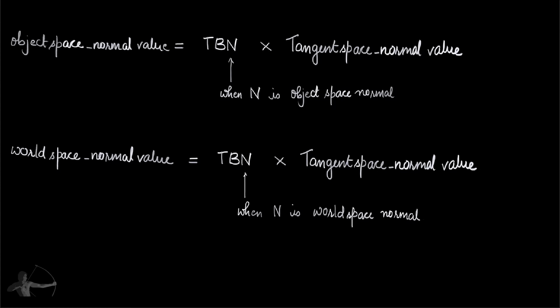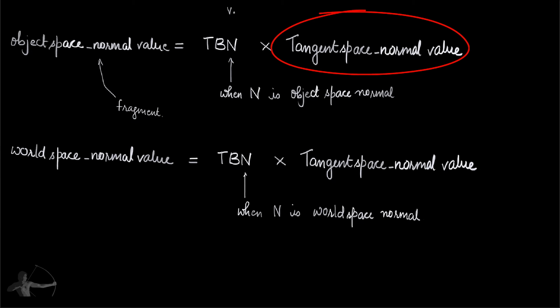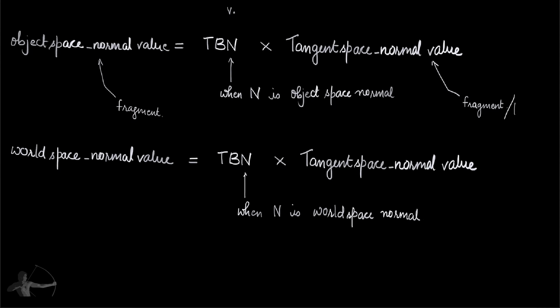You will know the answer to this question better later, but just to give you a hint, this normal value can be obtained just for a vertex, but this value we will be calculating for every single fragment, based on the TBN matrix and the tangent space normal value, which also consists of the normal value for every fragment or for every pixel.